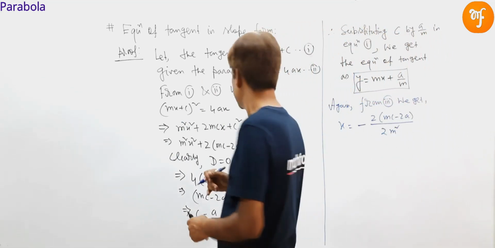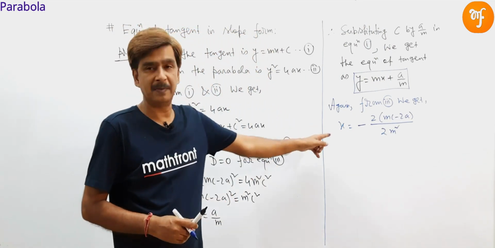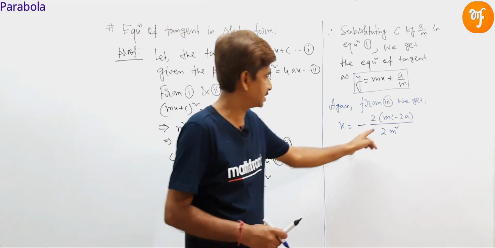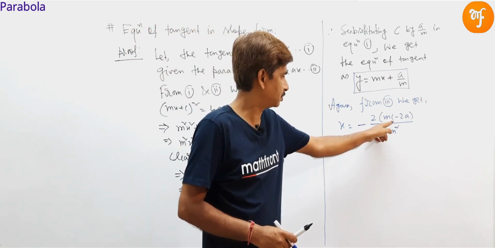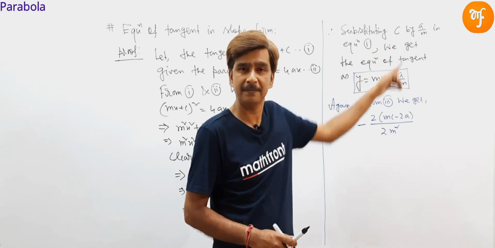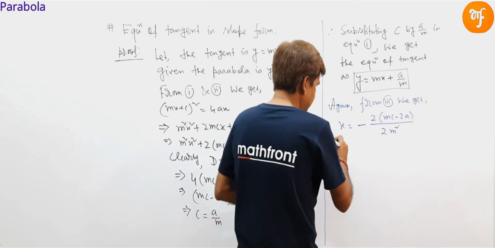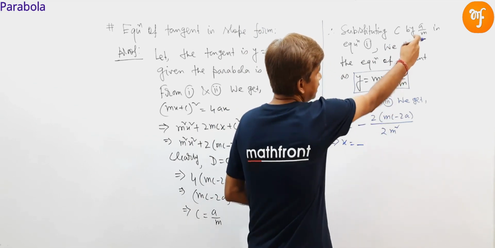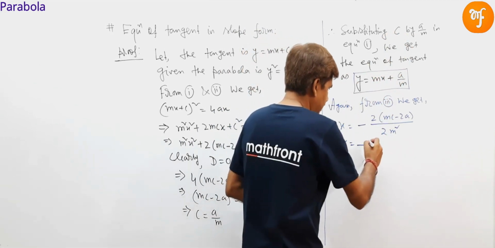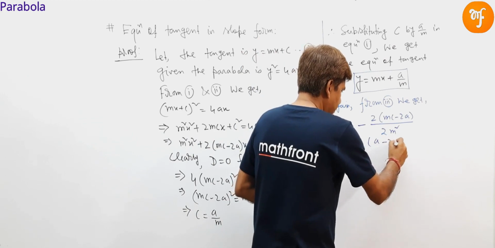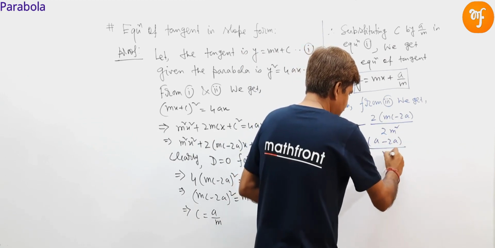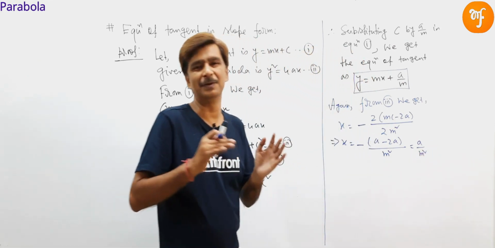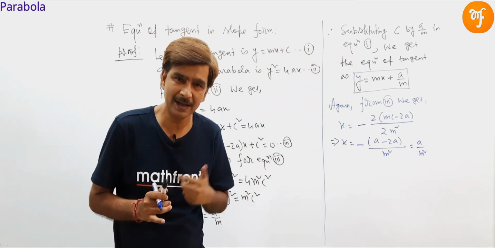Is it? So this x is nothing but the x coordinate of the point of contact. Here c is unknown, so we have to substitute the value of c by a by m. So we get the value of x is equal to minus mc, and mc is equal to a, so we can write this as minus a minus 2a divided by m square, that is a by m square. So the x coordinate of the point of contact will be a by m square.